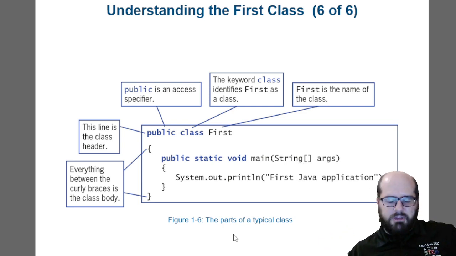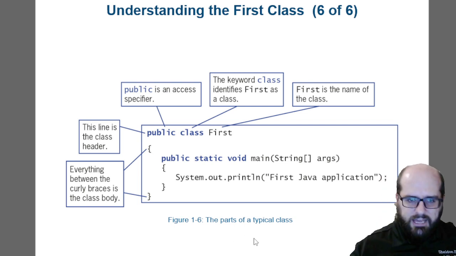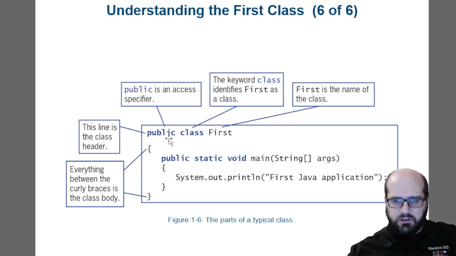So this is not a method. This is nothing else but a class. First is the name of the class. And on the high level, this line is the class header. Public class First is the class header. Between the curly braces is everything that defines this class. Methods must fall into a class. And these are the general parts of a typical class. We're going to stop here.